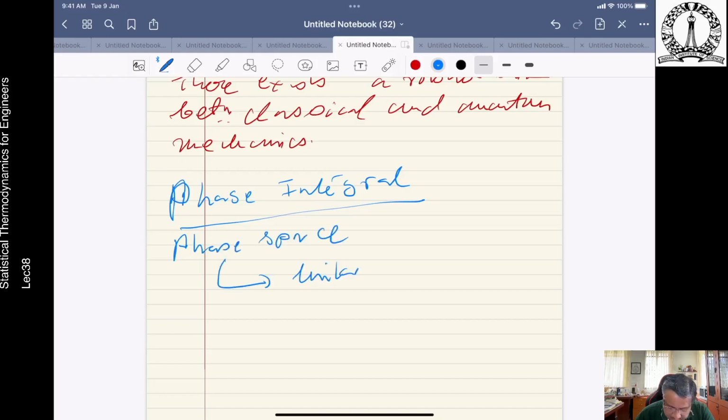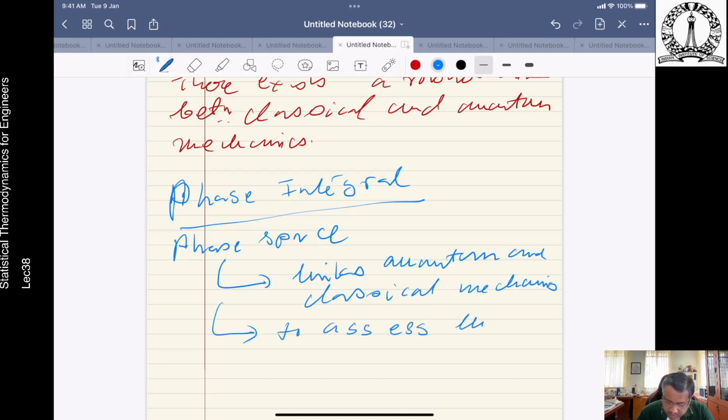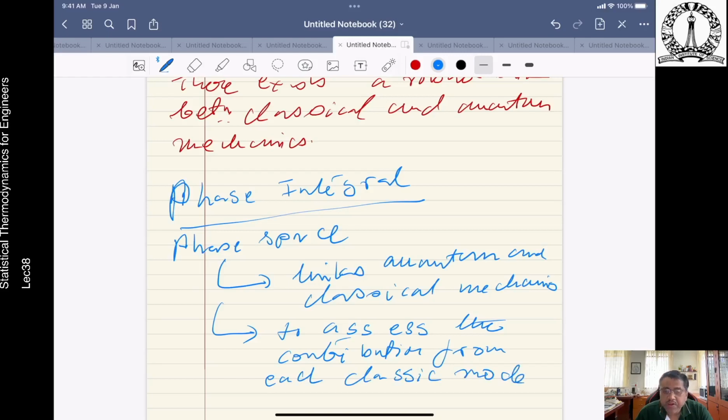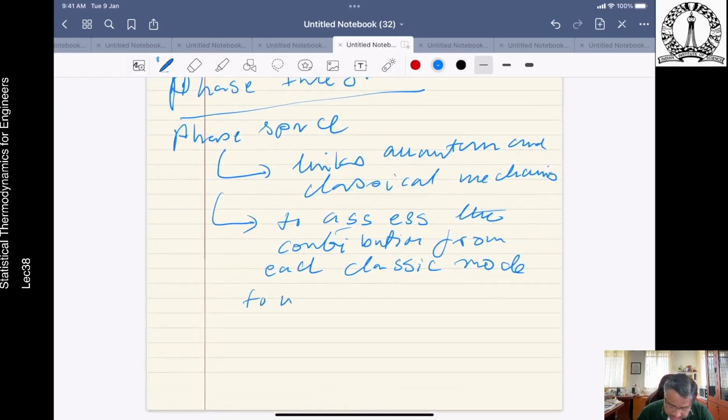It links quantum and classical mechanics, and it is used to assess the contribution from each classical mode to internal energy U or specific heat Cv.